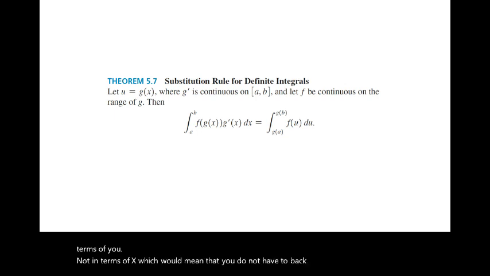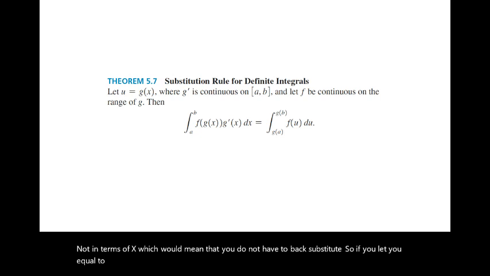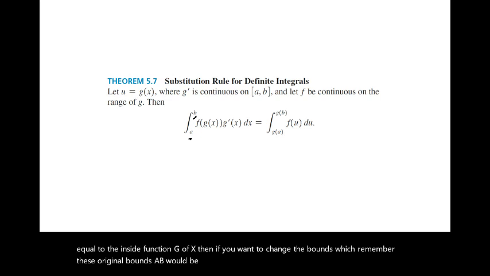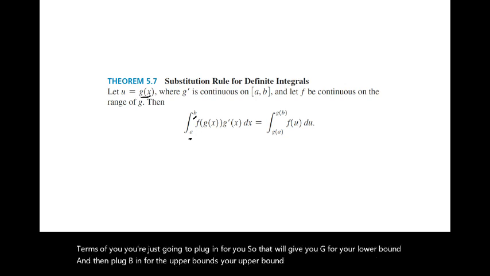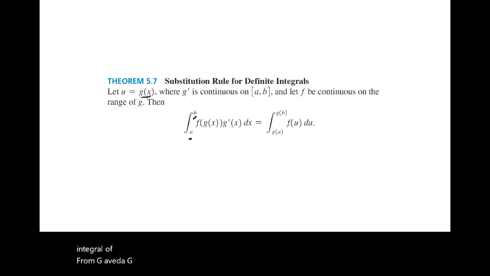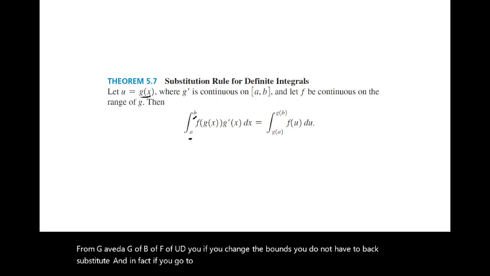So if you let u equal the inside function g of x, and you want to change the original bounds a and b, which are in terms of x, into bounds in terms of u, you just plug a in for u, which gives you g of a for your lower bound, and plug b in for the upper bound, so your upper bound would be g of b. The integral from g of a to g of b of f of u du. If you change the bounds, you do not have to back substitute, and in fact, if you go to the trouble of changing the bounds, do not back substitute.